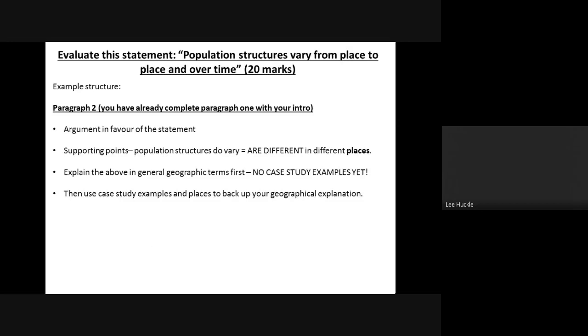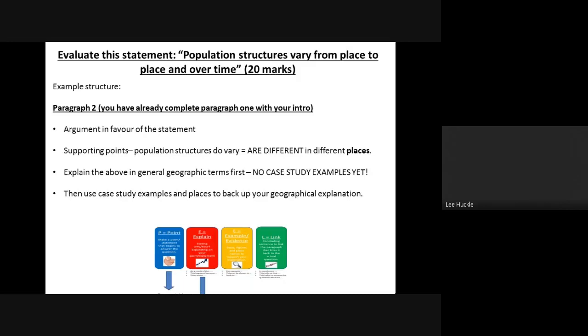Once you've generally explained it with your geographical terminology and your explanations to argue in favour of the statement, then you bring in a case study example, a place, to back up your geographical explanation. And again, use PEEL. Make your point, which is your argument in favour, explain that point, then use your example and your evidence, then finish off with a sentence linking the whole paragraph back to the question.